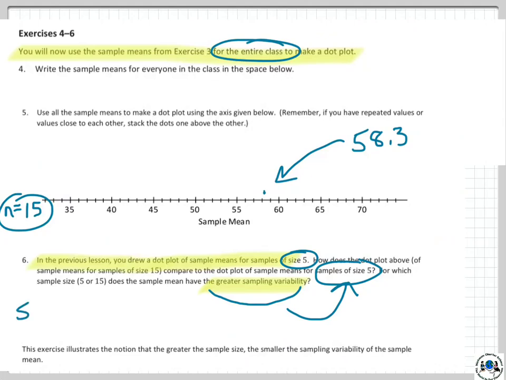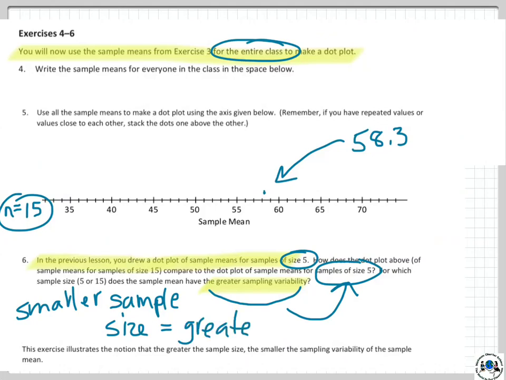So when you have a smaller sample size, that is going to equal greater variability. And the greater the variability, the less reliable our data, or our statistics, are.